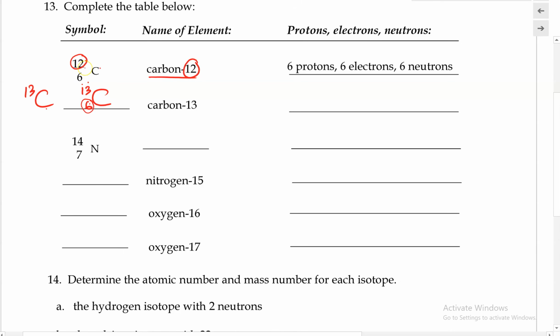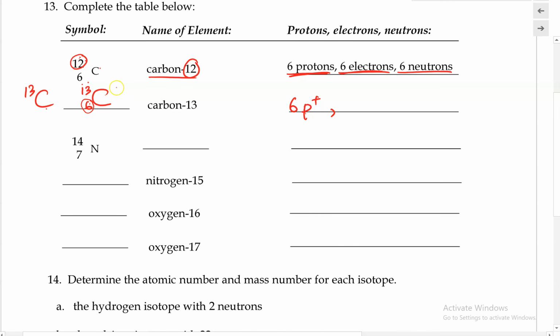And now, as for the number of subatomic particles in the carbon 12 isotope, I have 6 protons, and because this is neutral, I have 6 electrons. And it would then have 6 neutrons, because if we take this atomic mass minus this number 6, that gives us 6 neutrons. In the case of the carbon 13 isotope, it has 6 protons, because again it is carbon, so we know it needs to have 6 protons.